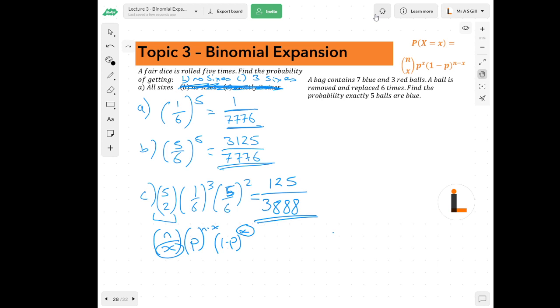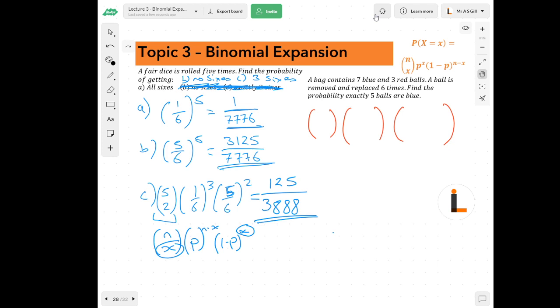So in case you're not sure, I'm just going to help start you off. Again, think about what we want. So you want to know the probability that what we're selecting is blue. So our success is blue.